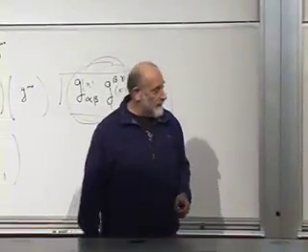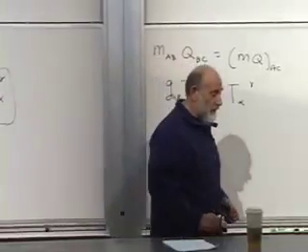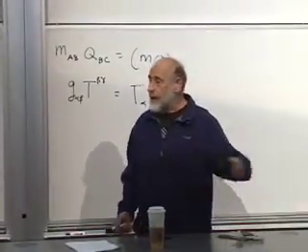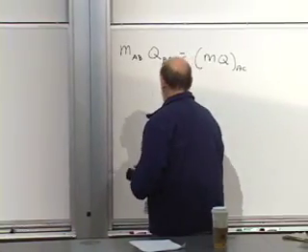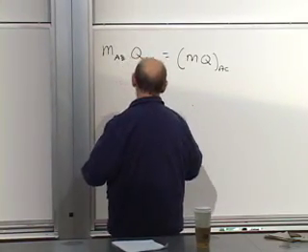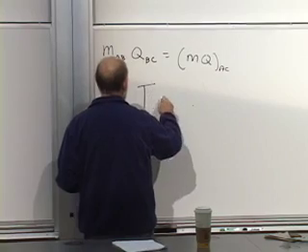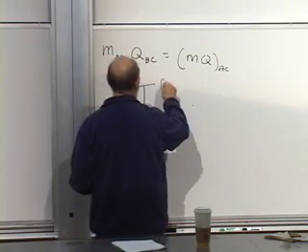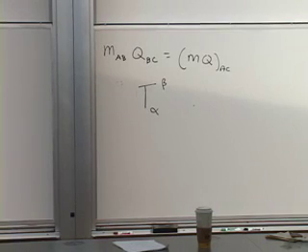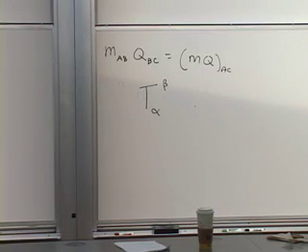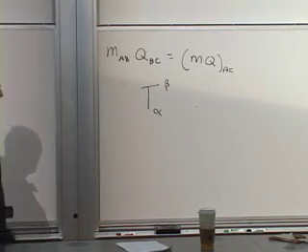Now, that tells us something else. Supposing you want to contract an upper index and a lower index. Supposing you have some tensor, T alpha beta, and you want to form a scalar out of it. To form a scalar out of it, you can multiply it by the metric.